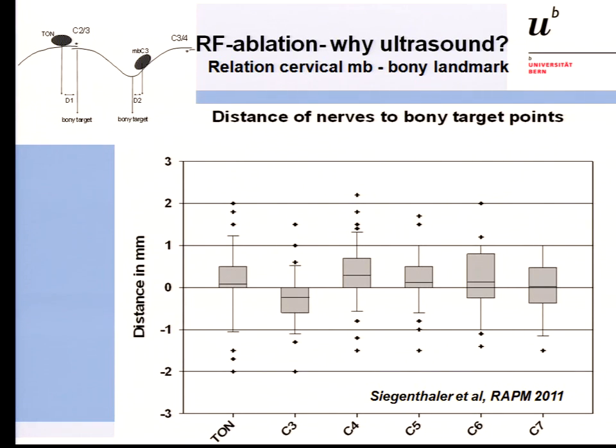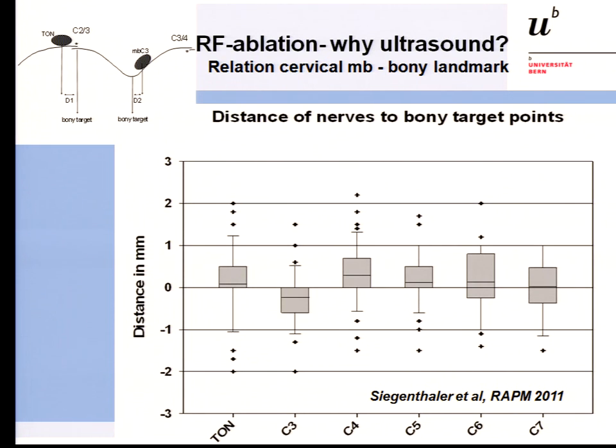But when you go to real patients, when you want to make radiofrequency ablation, when you depend on fluoroscopy, you make a matrix lesion. Usually you make 6 lesions so that you are sure that you caught the nerve. What we did here, we were scanning 50 patients and we were looking how far away the medial branches were from our target point.